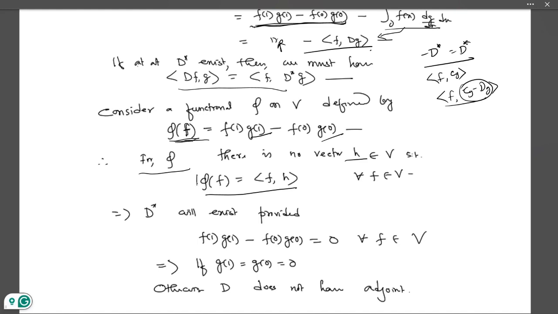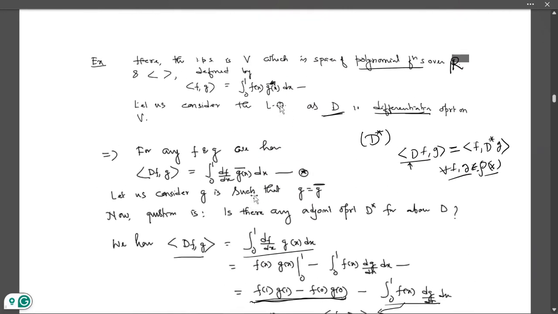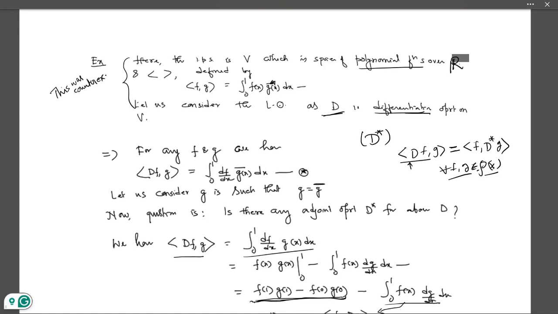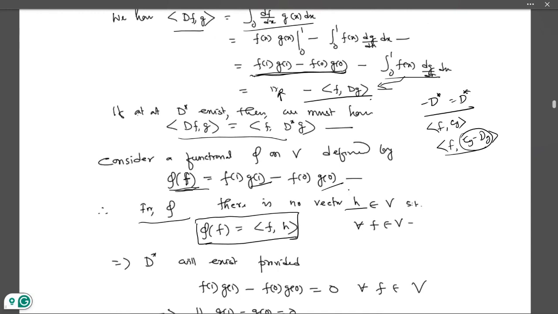We don't have such a representation theorem here, right? Because this is not finite dimensional. That is why we had this counterexample, where we said that for every finite dimensional vector space we have such a representation theorem, and every linear functional is represented by some h.